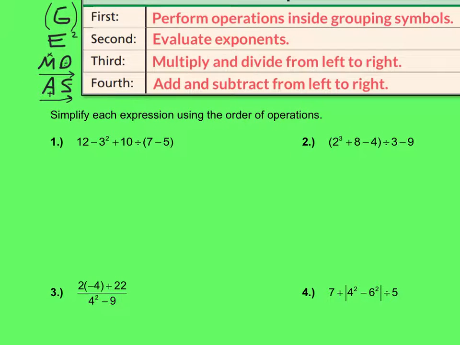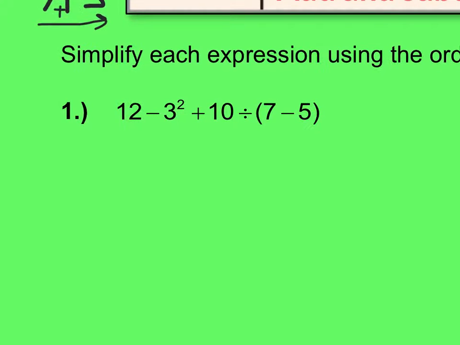So the directions are pretty straightforward. We're going to simplify each expression using the order of operations. So we have 12 minus 3 squared plus 10 divided by (7 minus 5). So our first step is to do inside any grouping symbols. And you can see right there we have the parentheses. So we need to do inside there.